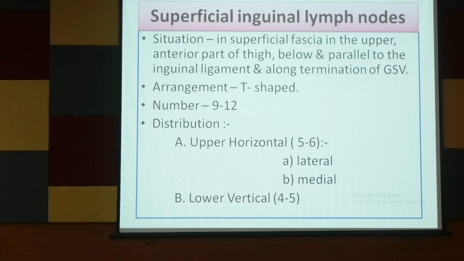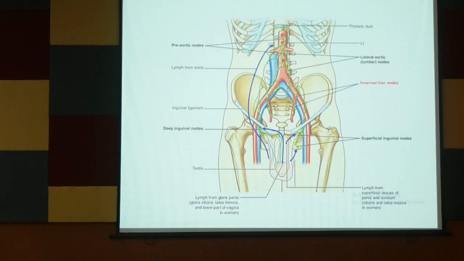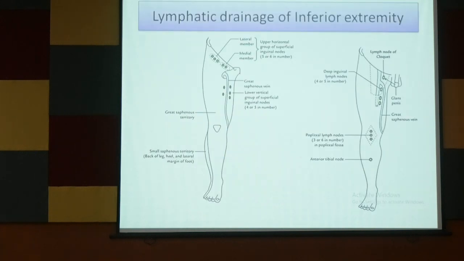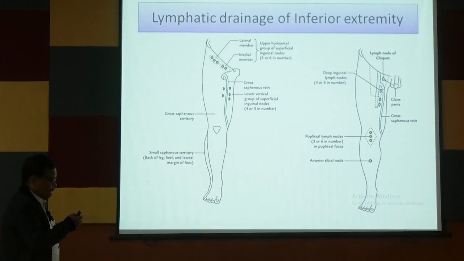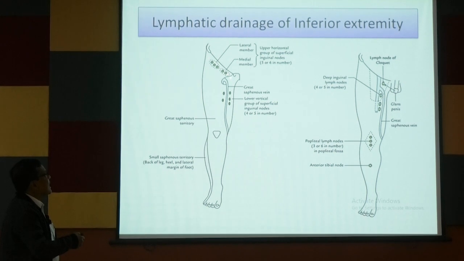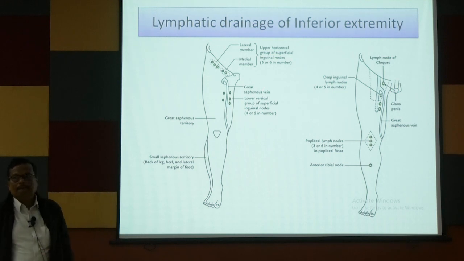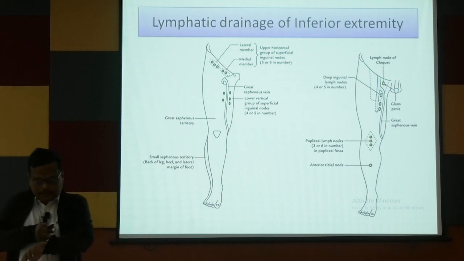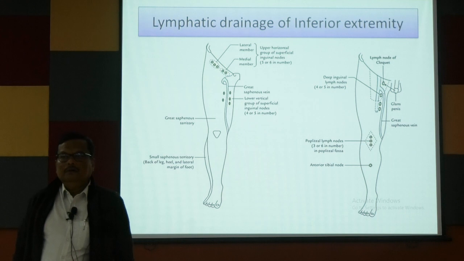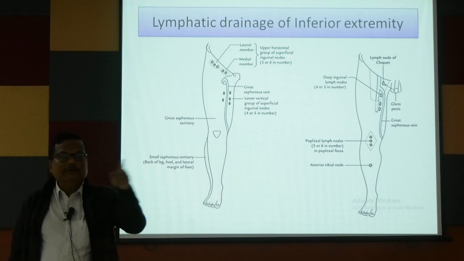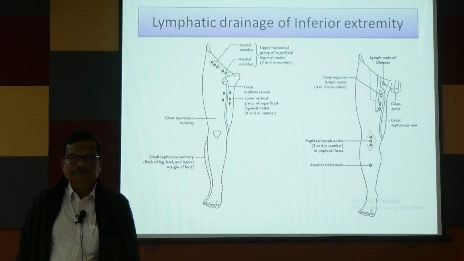তার আগে ছবিটা দেখো। In this here, this is the arrangement of the superficial inguinal lymph nodes present in the superficial fascia. এবার একটু তাড়াতাড়ি যাব। কি অনেকটা, it is a T-shaped.